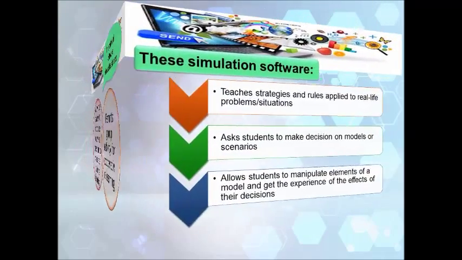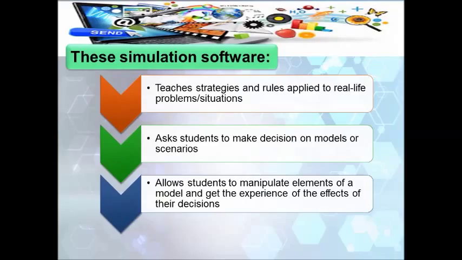Another kind of software or program is the simulation software materials that are constructivist in nature. This software teaches strategies and rules applied to real-life problems or situations, asks students to make decisions and models or scenarios, and allows students to manipulate elements of a model and get the experience of the effects of their decisions.